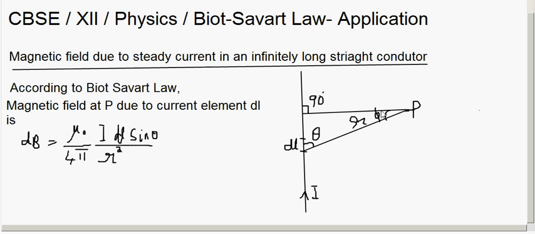Let the normal drawn from P to the straight conductor make an angle phi, and let the distance of this point from the current element be L, and let the length of this perpendicular be A.